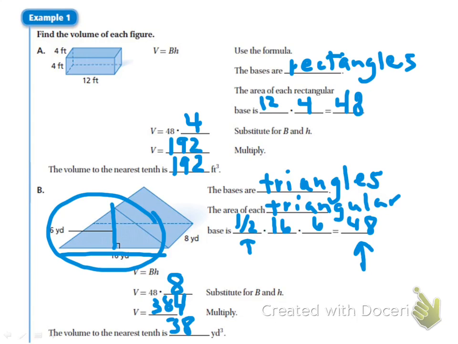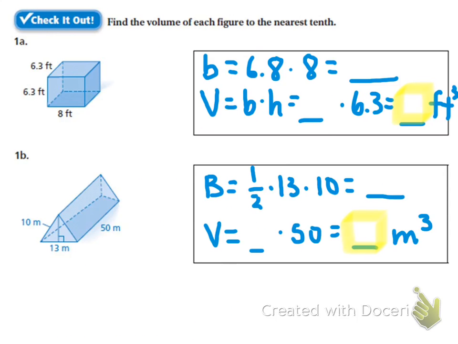Dylan, can you tell me what is 6.3 times 8? Okay, 50.4, that is correct. So now we multiply 50.4 times 6.3, and that's when we get our cubic units.